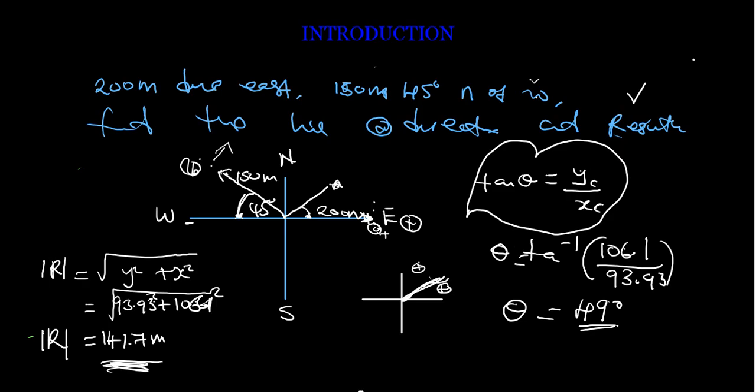In this region here, they are all positive. So that vector was north of east. The angle will be found here, meaning this is our east and this is our north. So we'll say north of east.